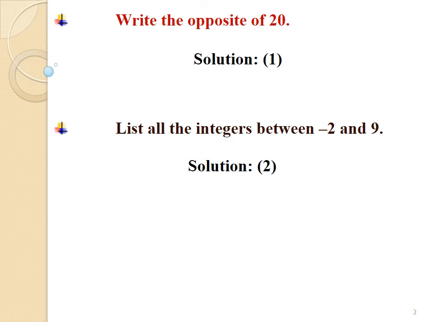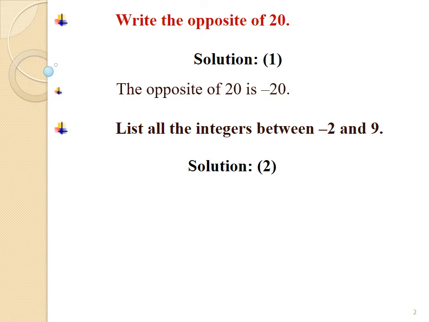Just as in the English language, the opposite of hot is cold. Similarly, in the number system, the opposite of 20 is minus 20. Thus, the answer of this question is minus 20.